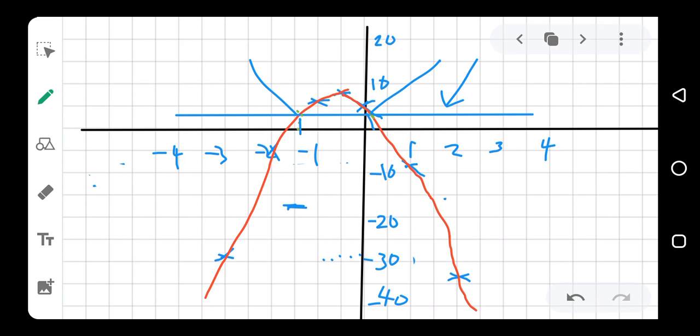I'm taking 2 cm to represent 1 unit at the x-axis. So this place, I can take it as 0.2. So that becomes the root on the x-axis. This is a freehand sketch.